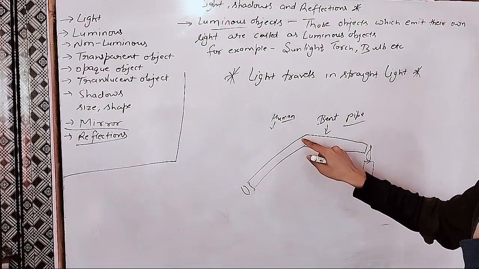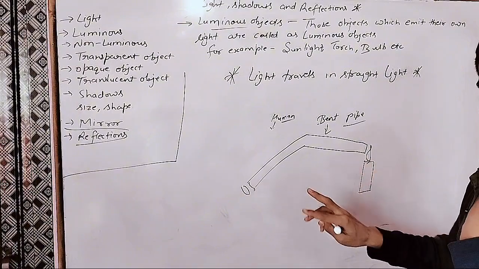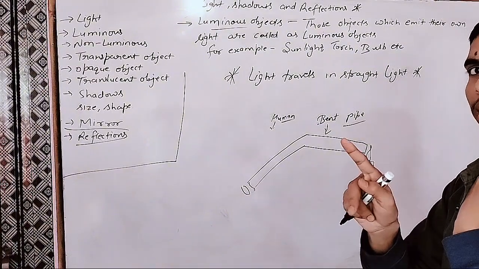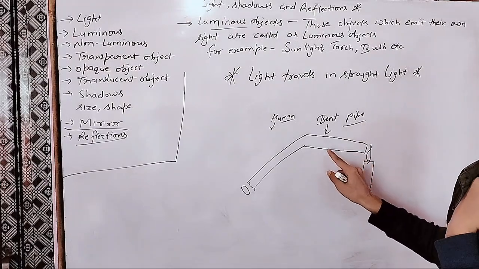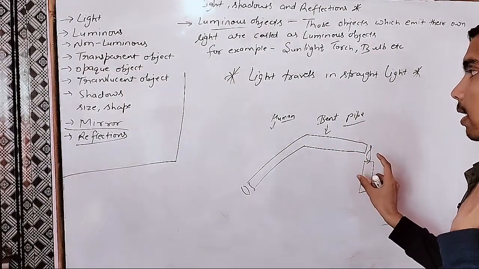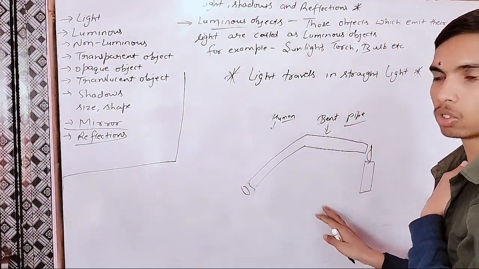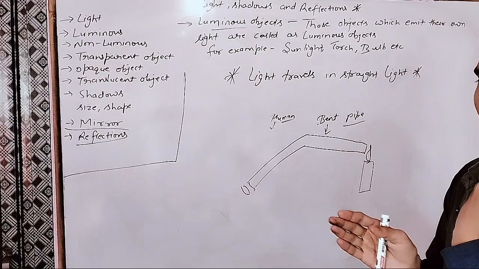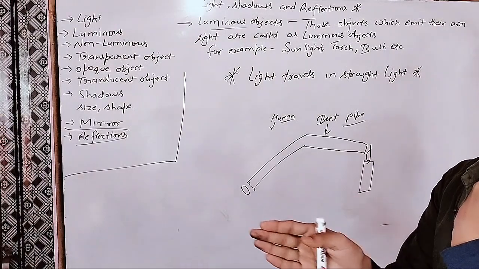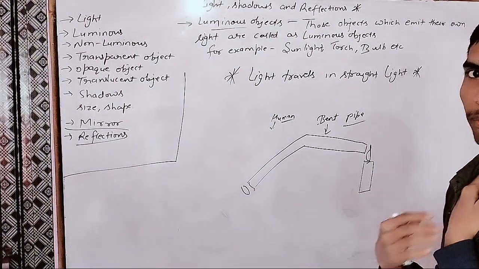Light goes to here, then it turns into another direction. So here we are looking at two directions of light. That's why we can't see the flame candle through this bent pipe. So the bent pipe shows that the direction of light is not straight.